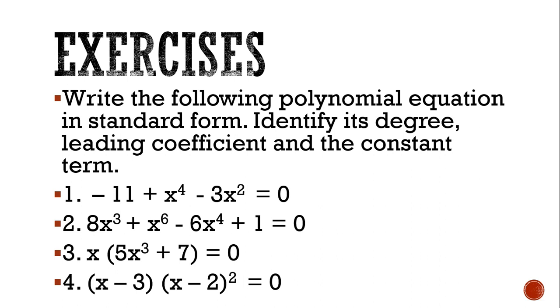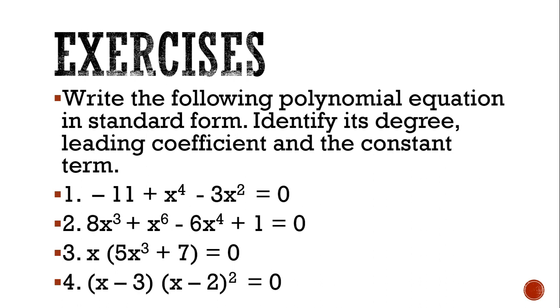Write the following polynomial equations in standard form. Identify the degree, leading coefficient, and the constant term. Number 1, negative 11 plus x raised to 4 minus 3x squared is equal to 0. Number 2, 8x cubed plus x raised to 6 minus 6x raised to 4 plus 1 is equal to 0.